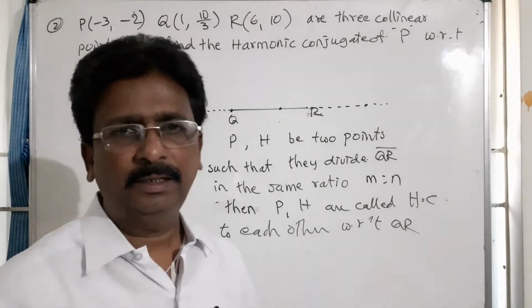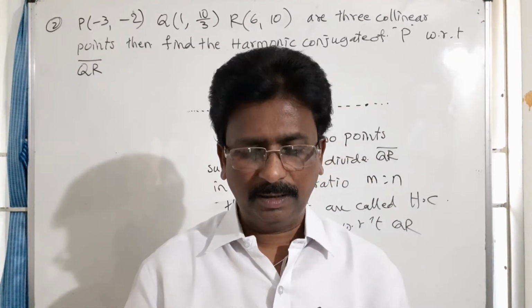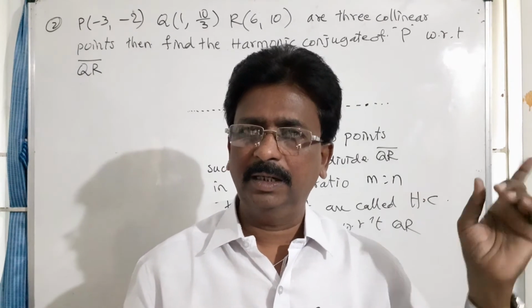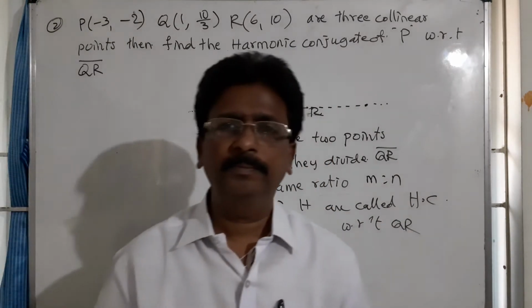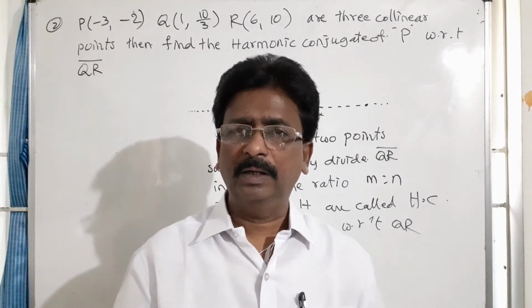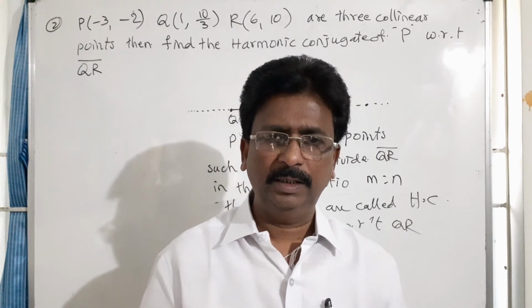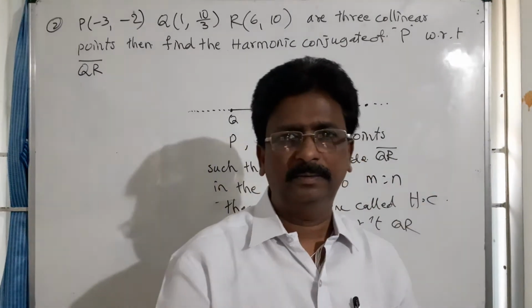If they divide the line segment in the same ratio, they are called harmonic conjugates of each other with respect to the line segment. Remember that out of P and H, if one point is internal, the other point is external. One is internal, other is external, but the ratio is the same.